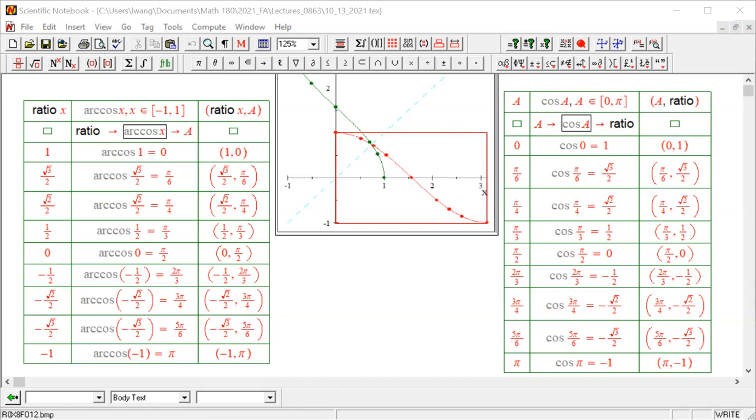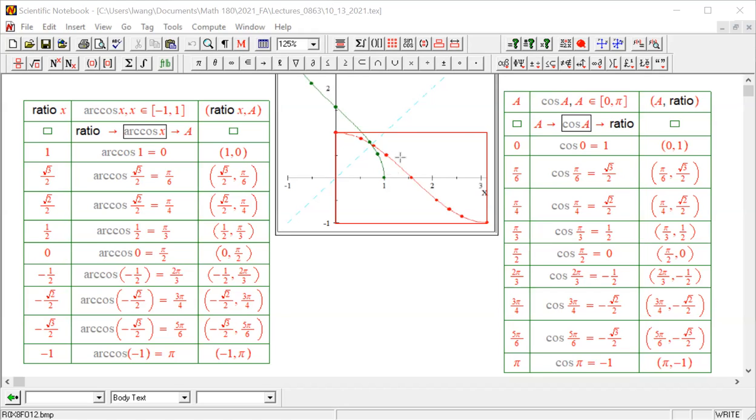This box tells you the domain and range, everything. And we did it in more detail. So you can see the domain is from 0 to pi. The input is from 0 to pi, and the output is from +1 all the way to -1. That's what the picture tells us.